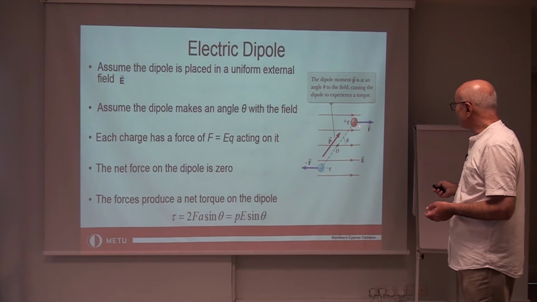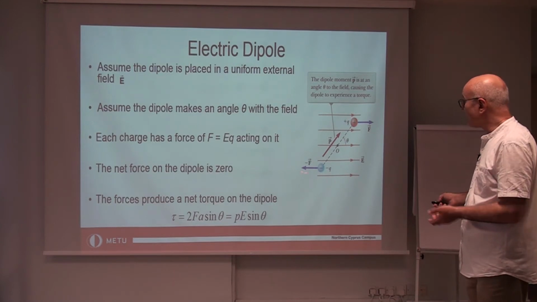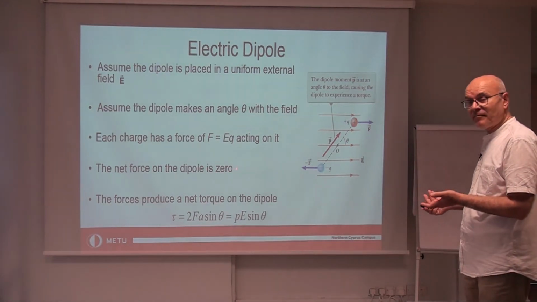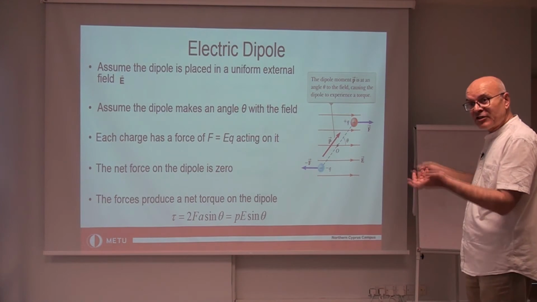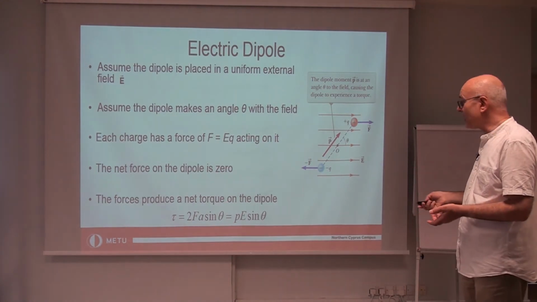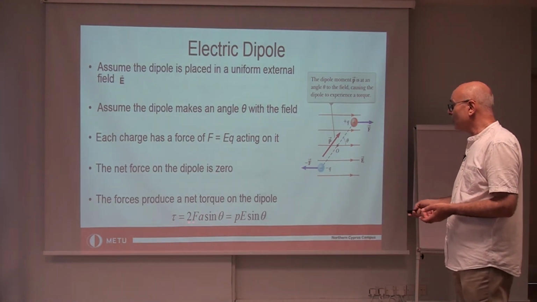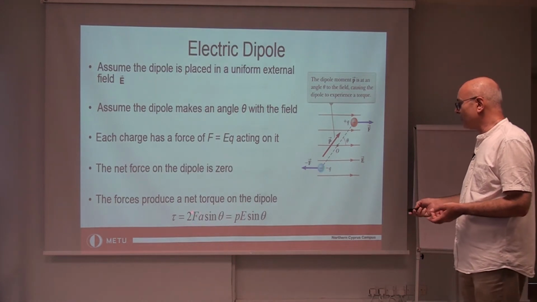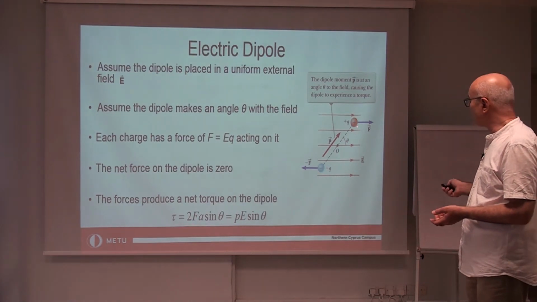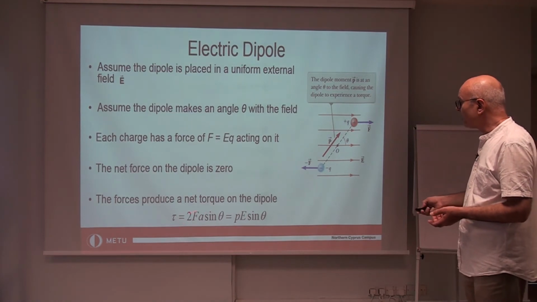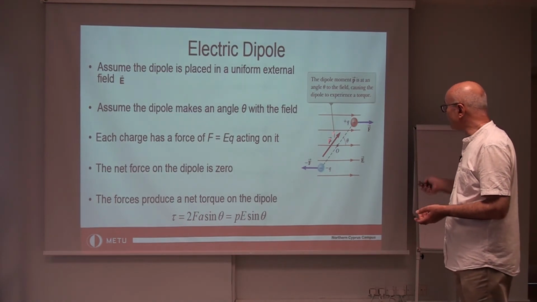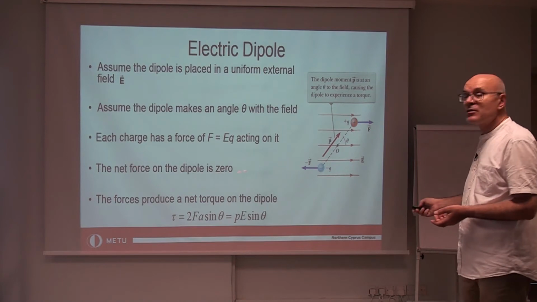And since both torques act in the same direction, in other words, the rotational sense is clockwise in this case, they add up together. And so we have F a sine theta as the torque by this force, and it is the same by the second force. So you multiply it by 2, you get the total net torque acting on this dipole by these two forces.